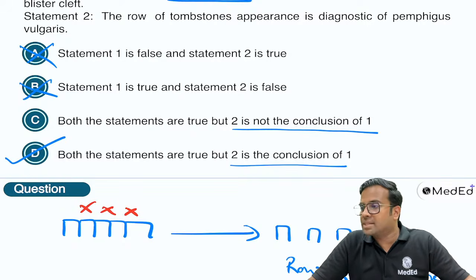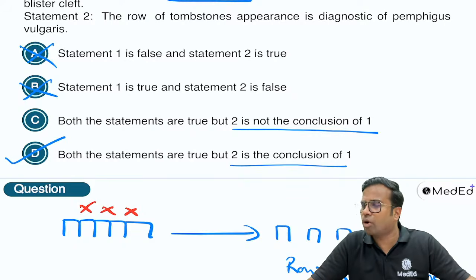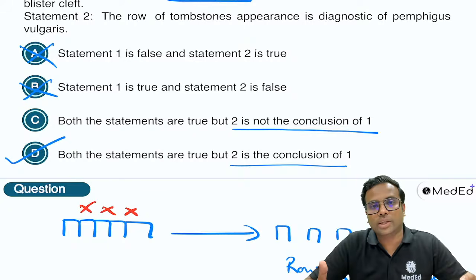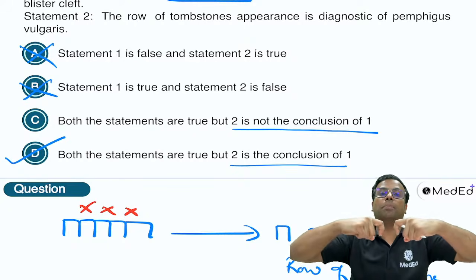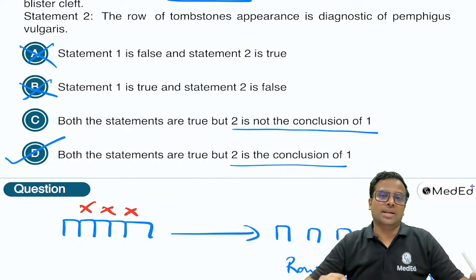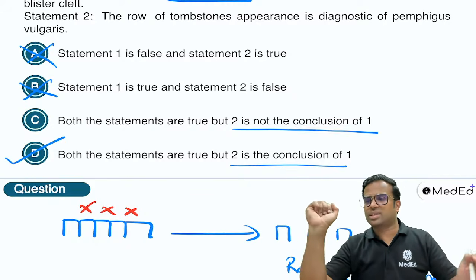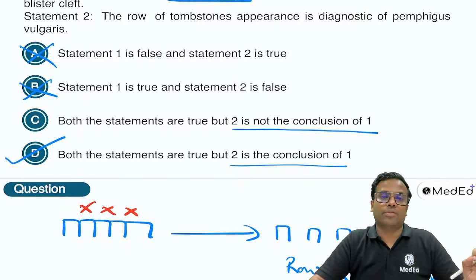Isn't acantholysis diagnostic for pemphigus vulgaris? Obviously, because in pemphigus vulgaris as well as in pemphigus foliaceus, in both cases there is acantholysis. Lysis means there is a separation of keratinocytes. There are many reasons for acantholysis, so Ashutosh, we can't say that this is the only reason why this is pemphigus vulgaris.